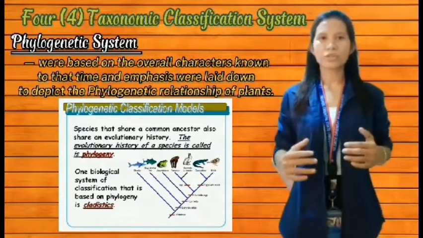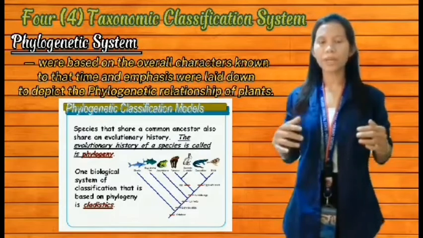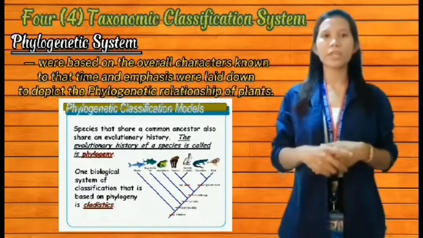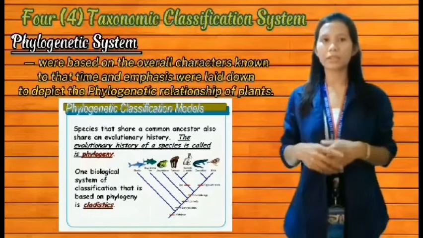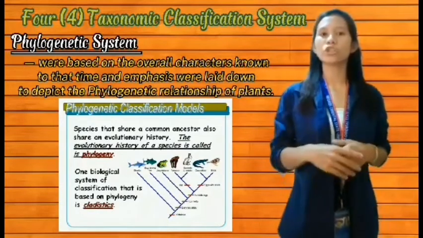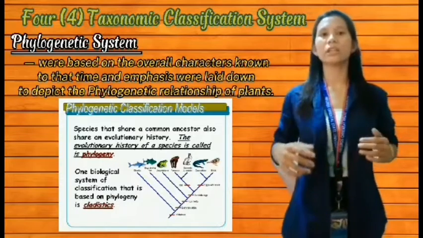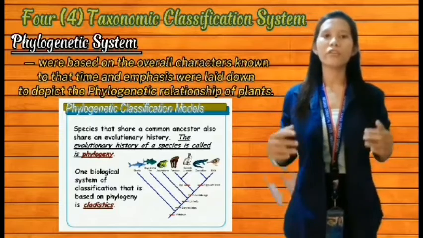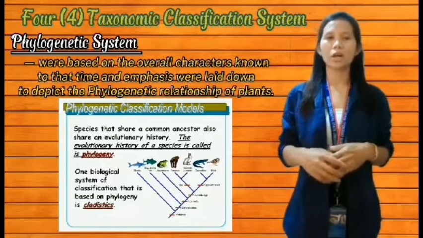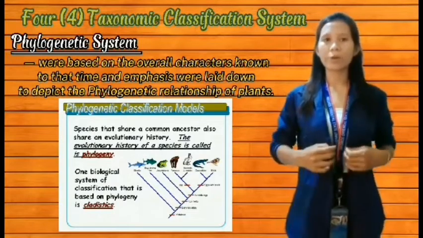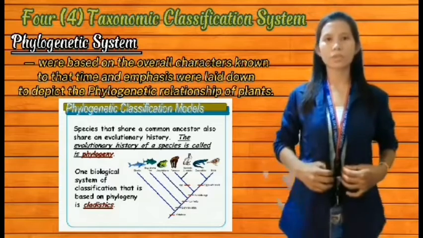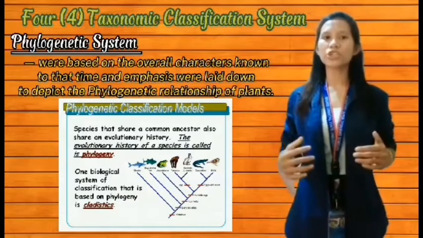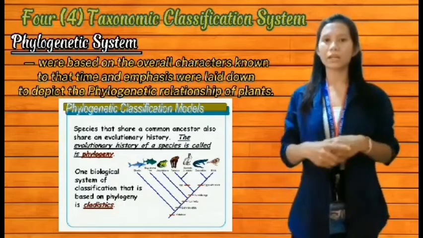The classification systems proposed after Charles Darwin's theory are mostly phylogenetic and use as many taxonomic characters as possible in addition to the phylogenetic interpretations. So these are expressed in the form of phylogenetic trees or shrubs showing presumed evolution of the groups. It is based on the genetic and phylogenetic relationship between taxonomic characters.